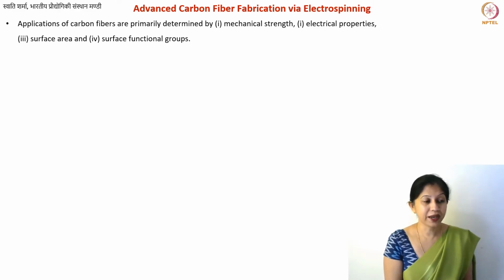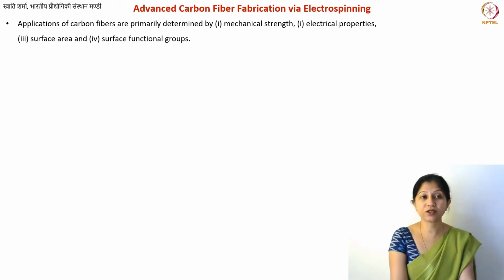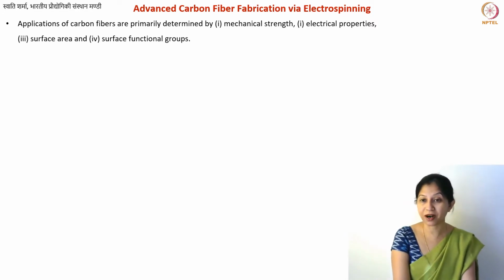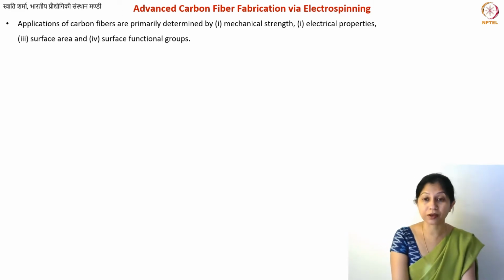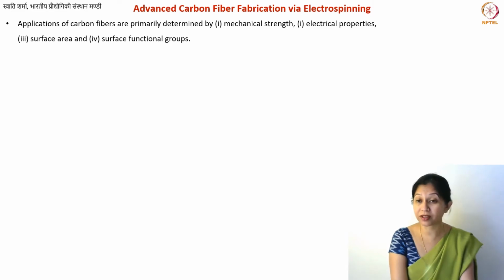What is also very important for a lot of applications of carbon fibers is their surface area. For different applications, for example electrochemical applications and also sensing applications, surface area becomes very important. This was something we also learned in our porous carbon lectures.